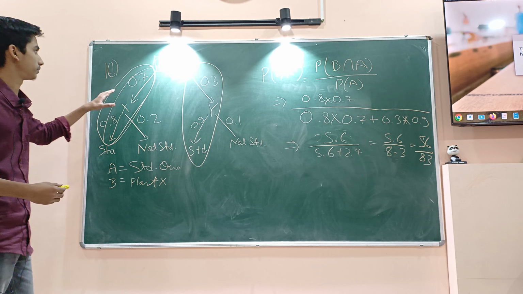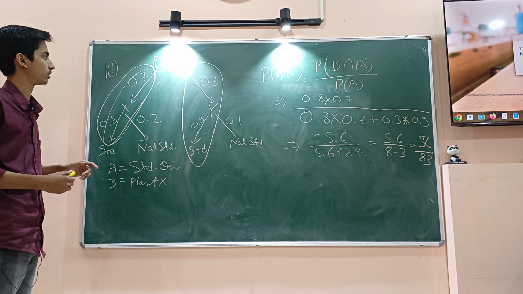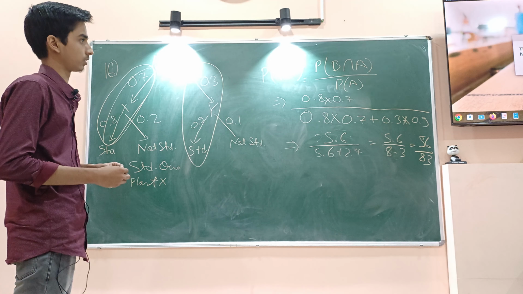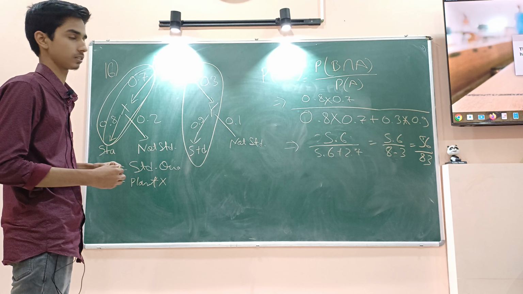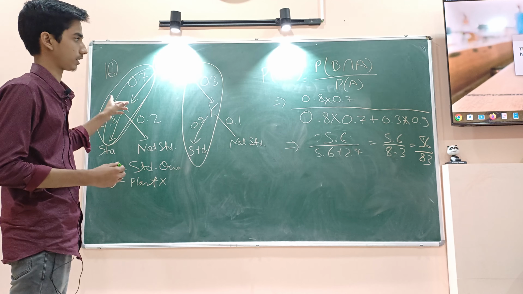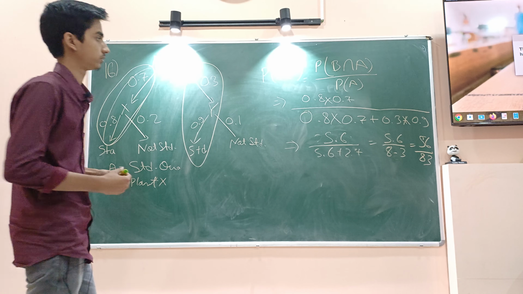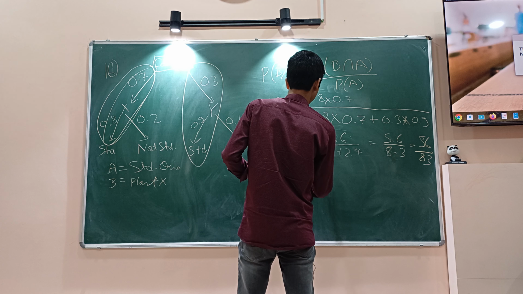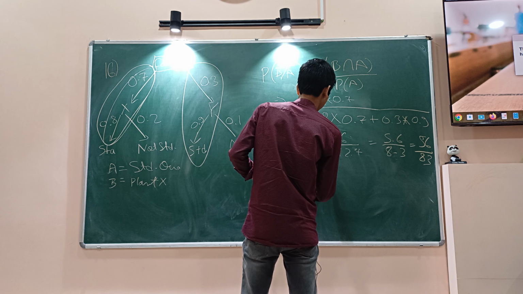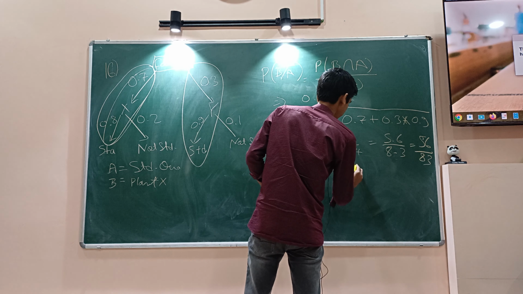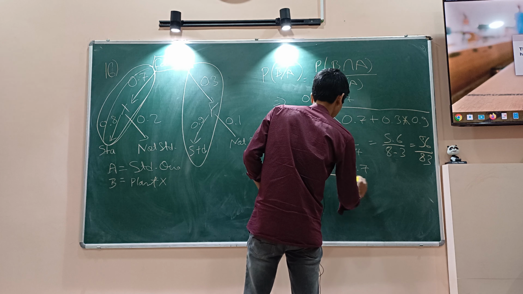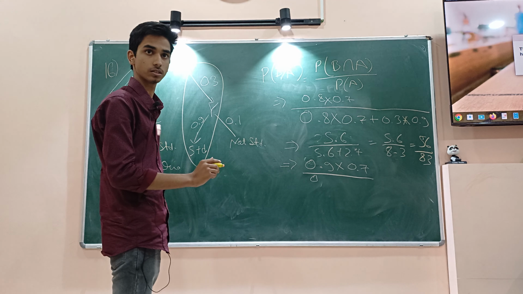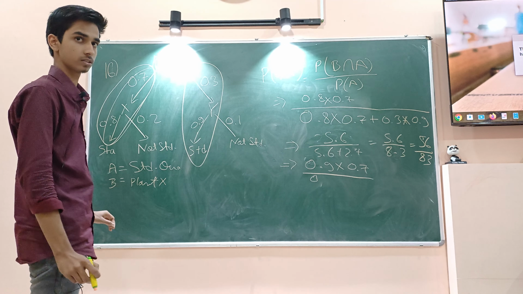Plant Y is making 90% and 10%. It will increase, this 90. Standard quality.